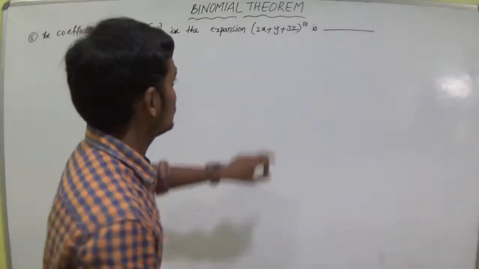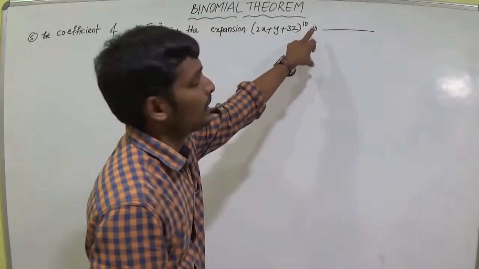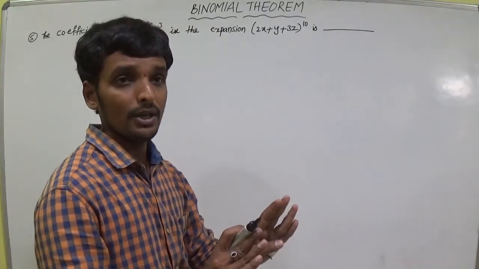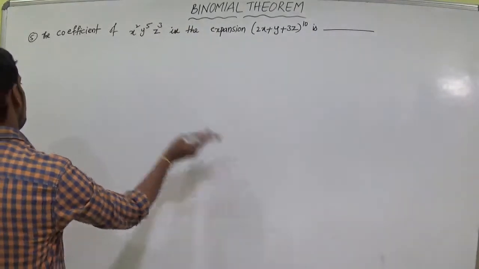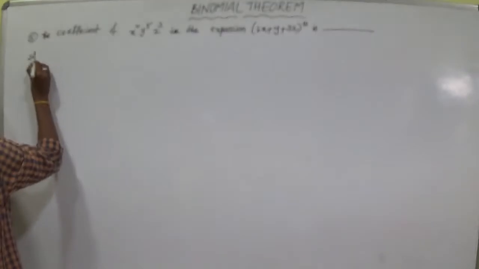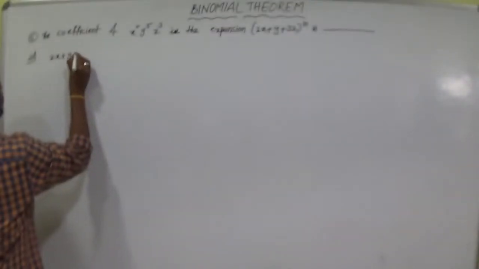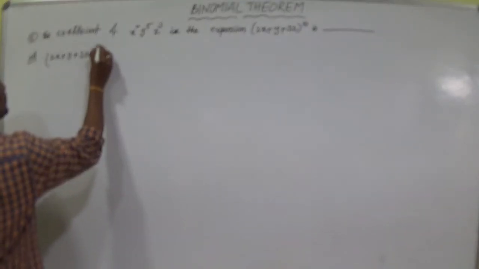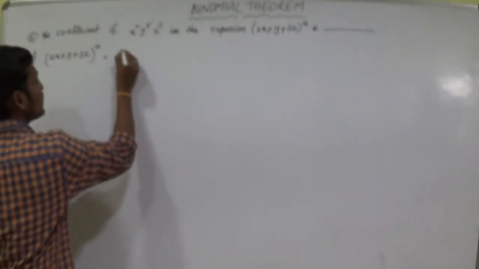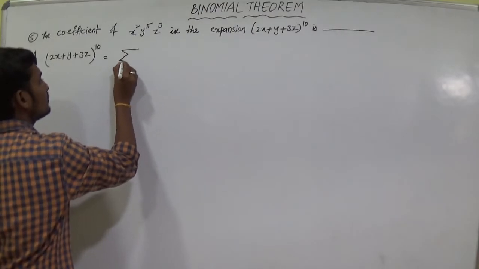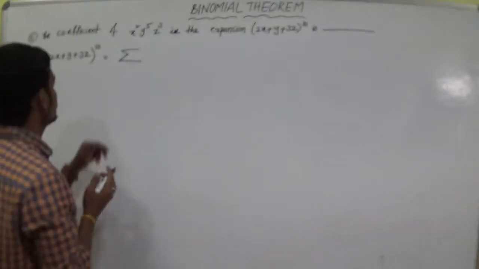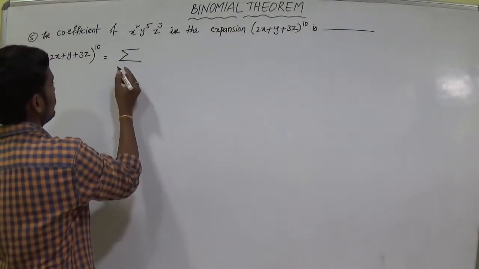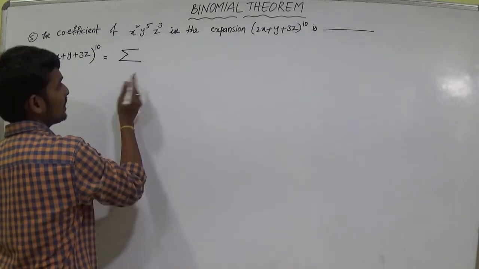So we can solve. This is a trinomial. We can write the formula by using the trinomial theorem. That is, 2x plus y plus 3z whole to the power of 10 is equal to sigma. So n is equal to 10. Now I am writing in different letters.